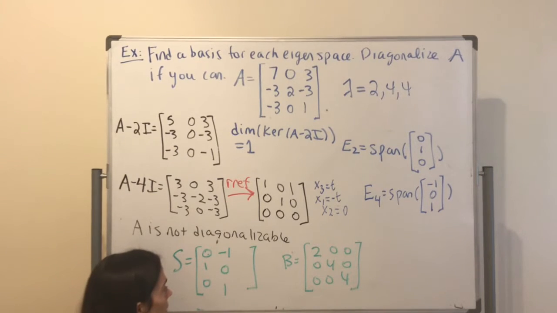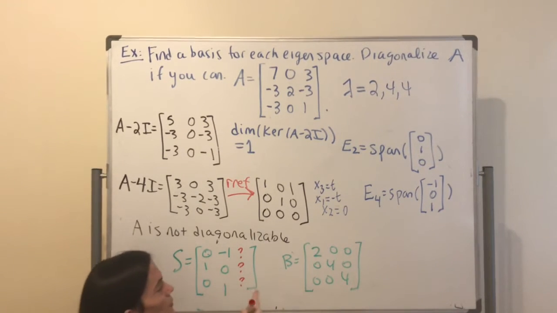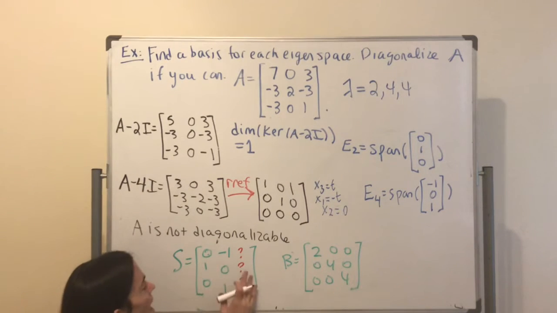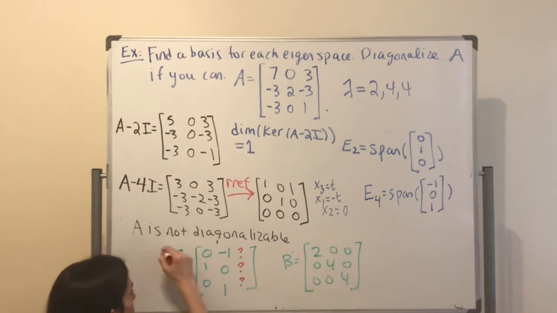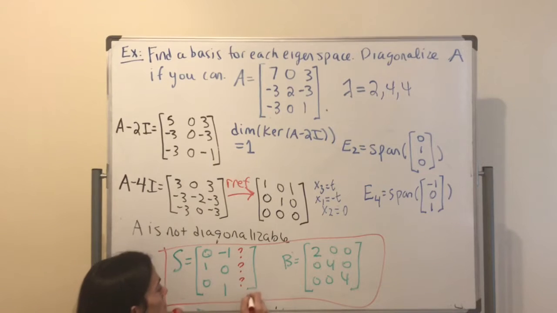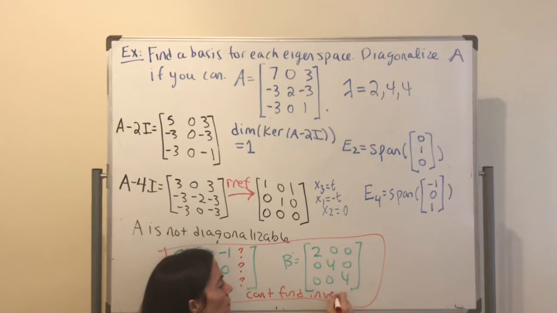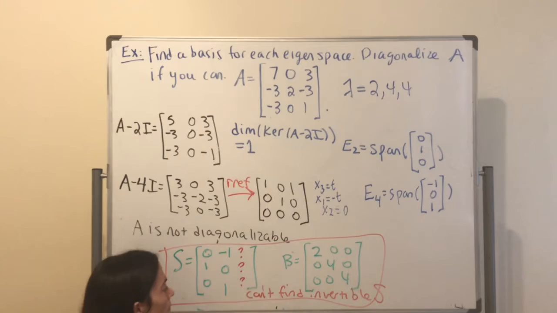But then the only other eigenvectors we can find corresponding to 4 to put here would be something in here, which is only one dimensional. So this matrix S, if I put another eigenvector for 4, will not be invertible. Okay, so the problem is we cannot diagonalize this matrix.